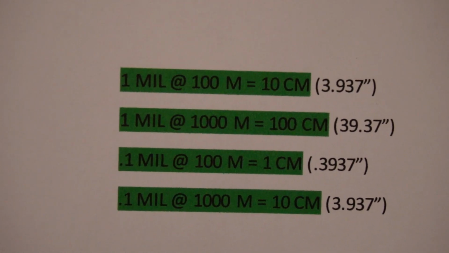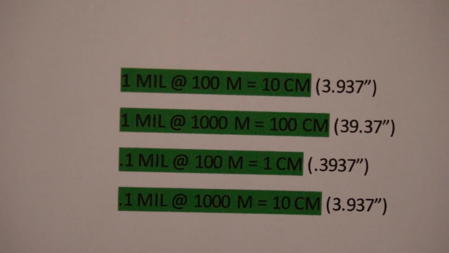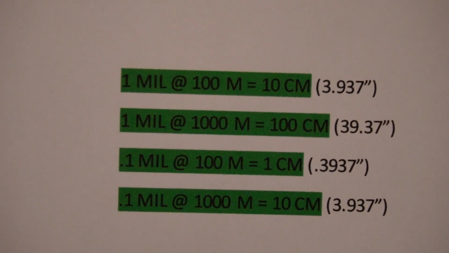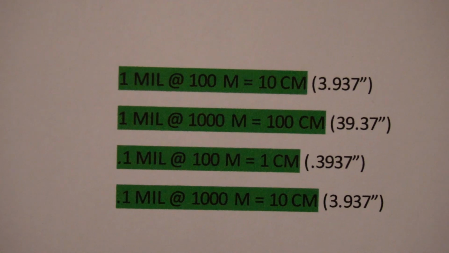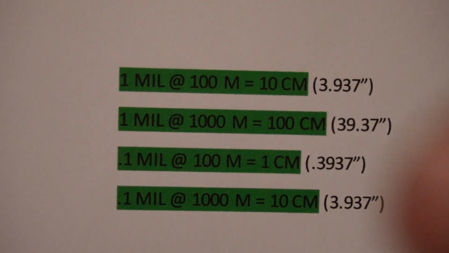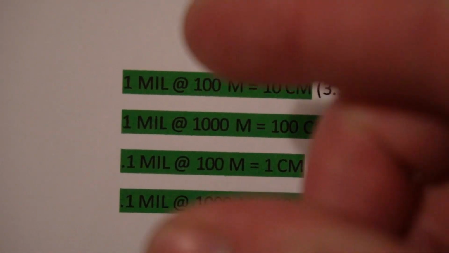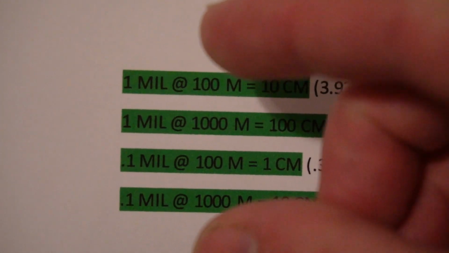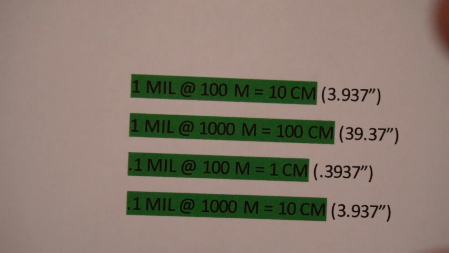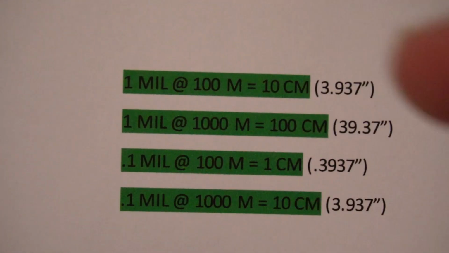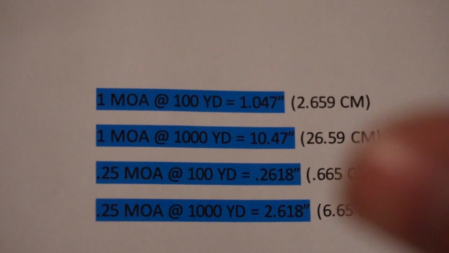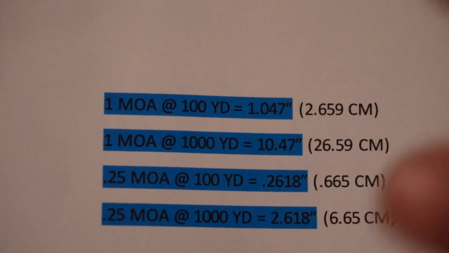But one of the reasons why we don't use mils and meters and centimeters is because as an average American, we can know that this space right here in between my fingers is about 1 inch. So it's easy for me to say this is about 1 inch at 100 yards.